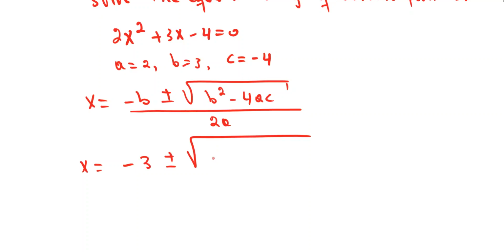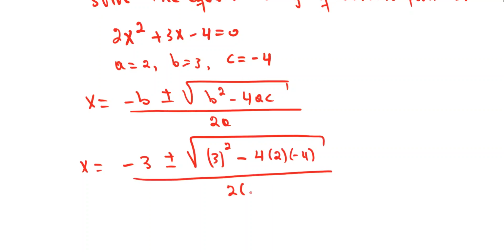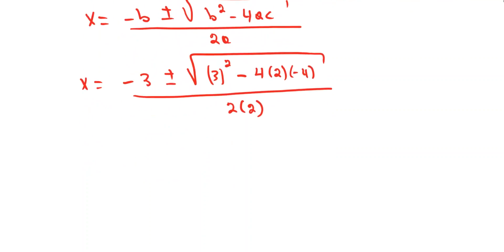Now b squared, so 3 squared, minus 4 times a, which is 2, and then times c, which is minus 4, all divided by 2 times 2. In this case, you get 9.